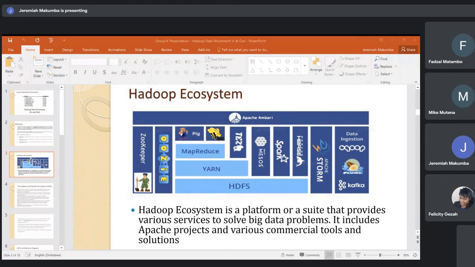From it, you're able to see whether Zookeeper is working well, whether Oozie is working well, and whatever other bits you have added into your Hadoop ecosystem. You're also able to do some other things from Apache Ambari. So I think that video, I'll try to look for it and share it with the group.